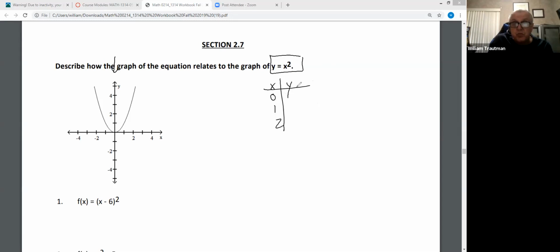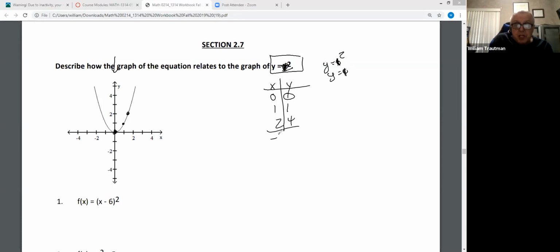If x is 2, 2 squared is 4. So 0, 0, 1, 1, 2, 4. Do you see it's on my graph?